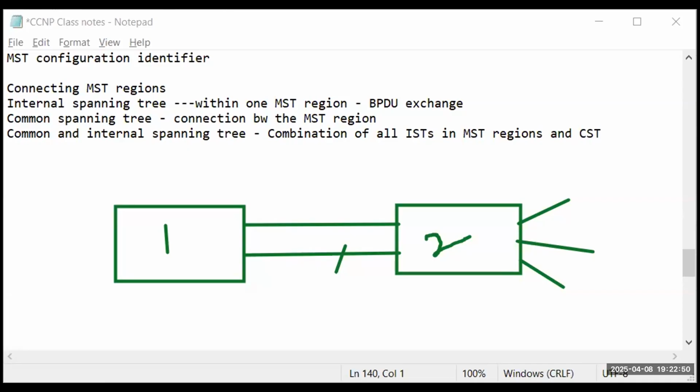If I have multiple links, all the links are aggregated, added together as needed, to allow redundant links between the devices, and they cannot be blocked by STP. Even if we have 2 links, 3 links, up to 8 is the maximum. So up to 8 links we can have between two switches.